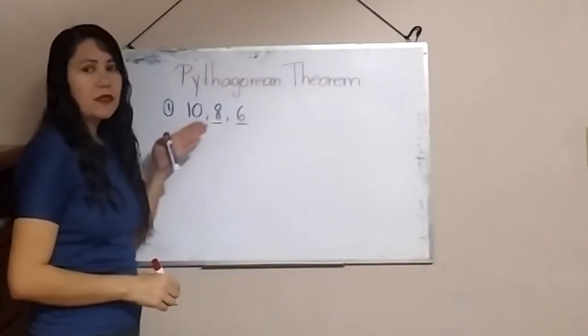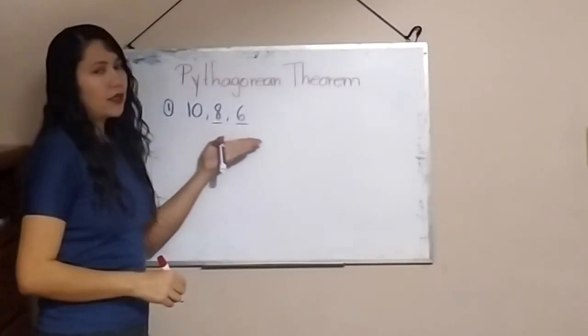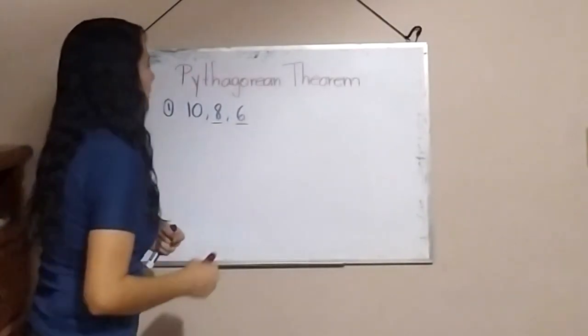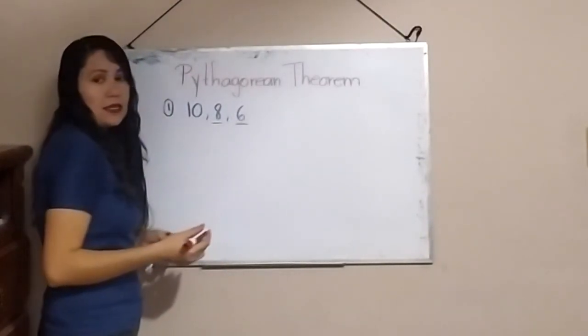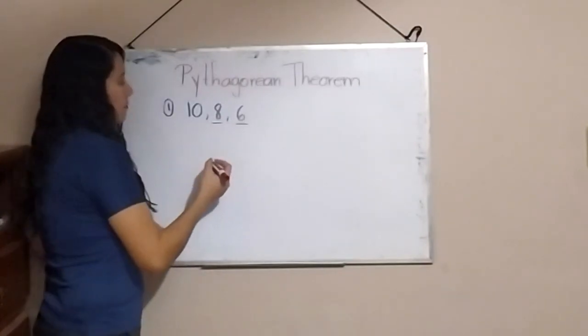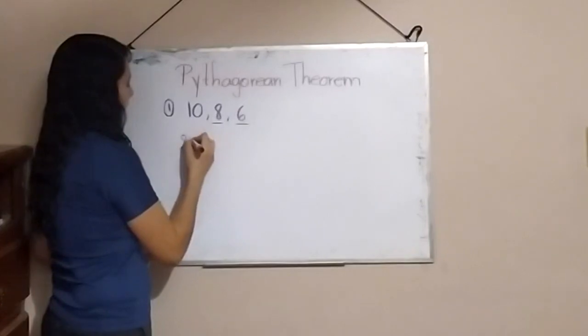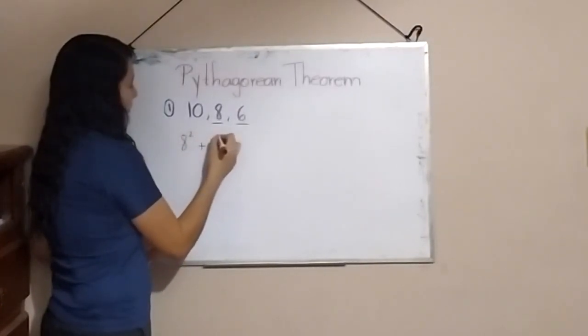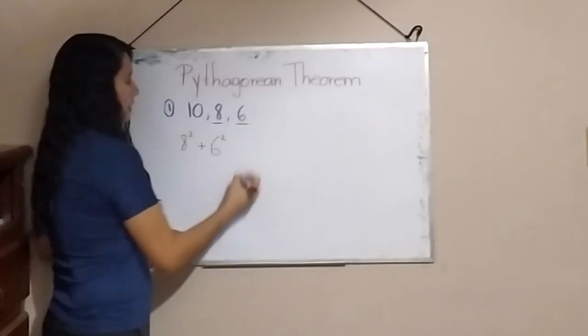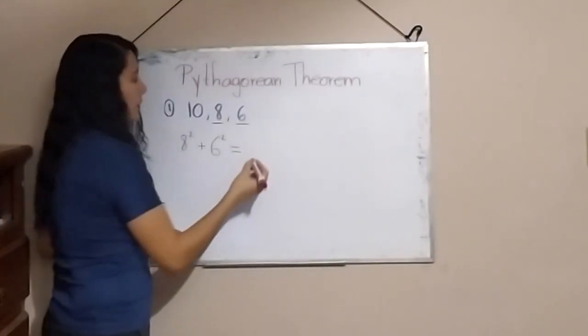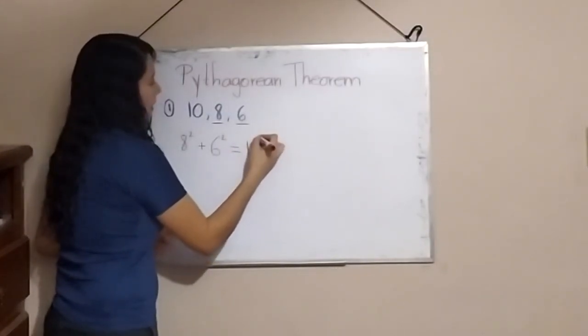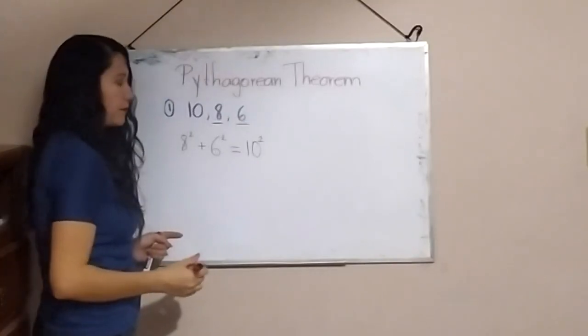Why? Because the hypotenuse is always greater than the two legs. Now let's see if this fits in the Pythagorean theorem. We have both legs squared, and they should be equal to the hypotenuse squared.